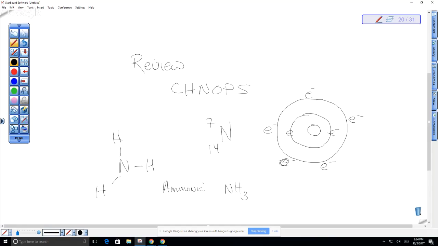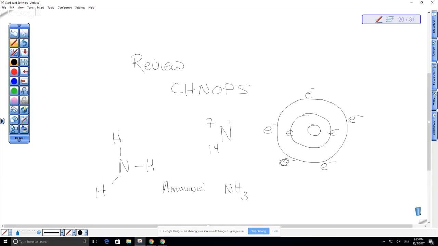So what does this solid line represent when you're looking at a molecular formula? What type of bond? Covalent. So the covalent bond is a sharing of electrons. And so the hydrogen is happy here because it's sharing an electron, and so its outer orbit is filled with 2. The nitrogen is happy because now instead of 5 electrons, it has 8 in its outer orbit.